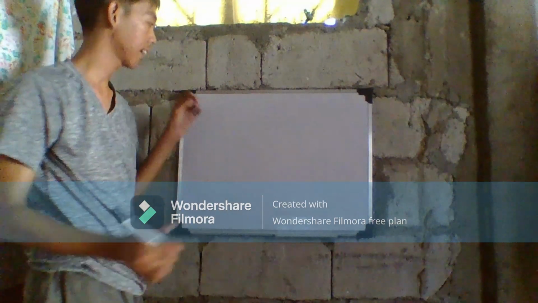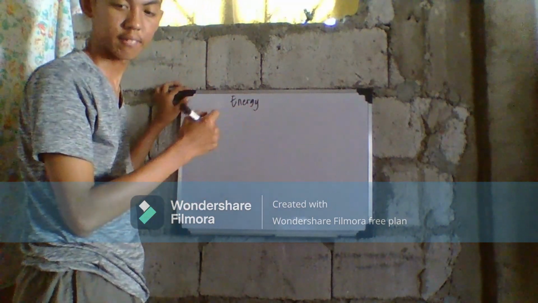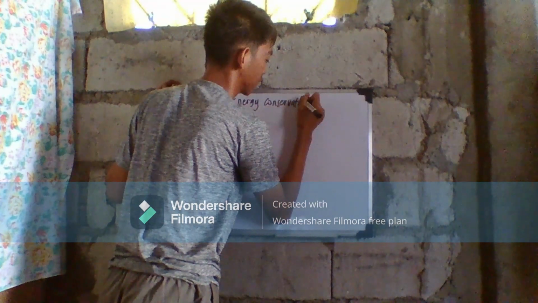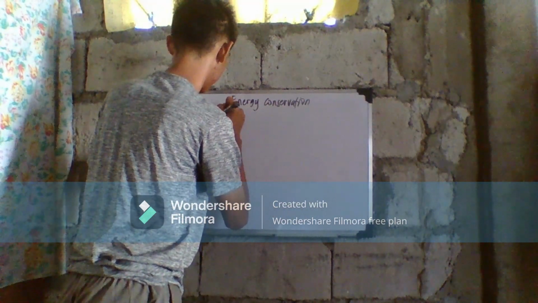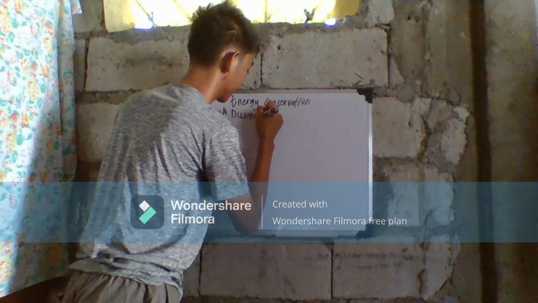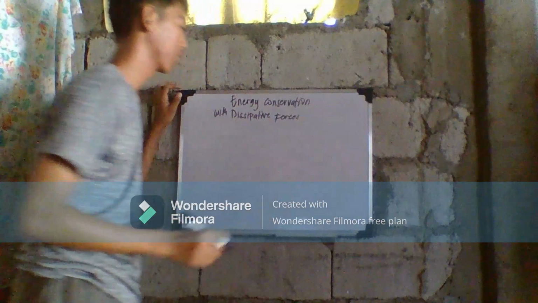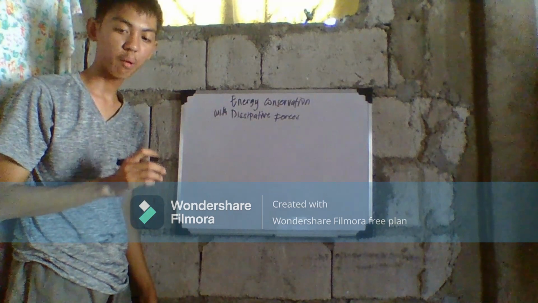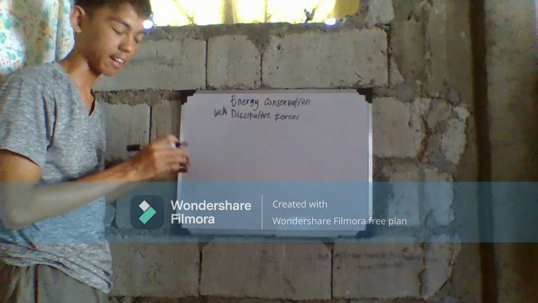When we say energy conservation with dissipative forces, non-conservative forces change the amount of mechanical energy for a system.